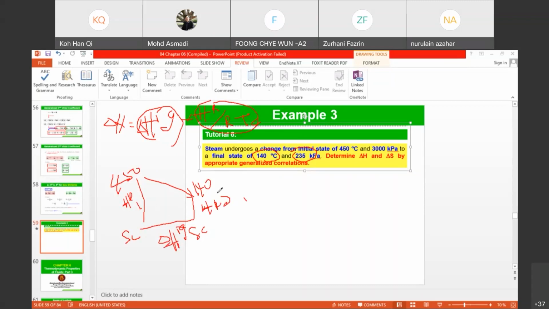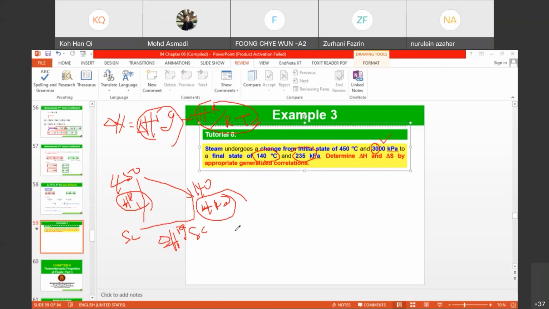So for H R, I think we can use the virial, the next correction of the virial. We just assume that 30 bar is 30 kilopascal, moderate, just to make it easy.